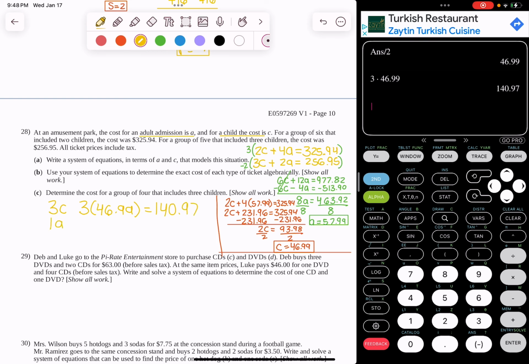And then the one adult would be $57.99. So let's add those together. I get that the total cost would be $198.96. And you can write that: for a group of 4 with 3 children, the total cost would be $198.96.